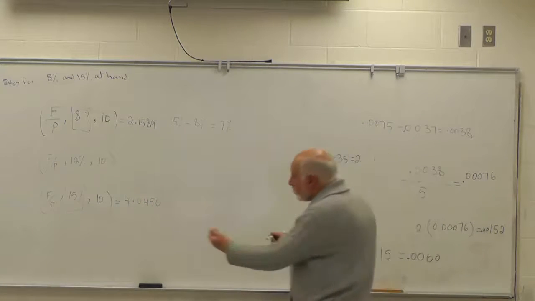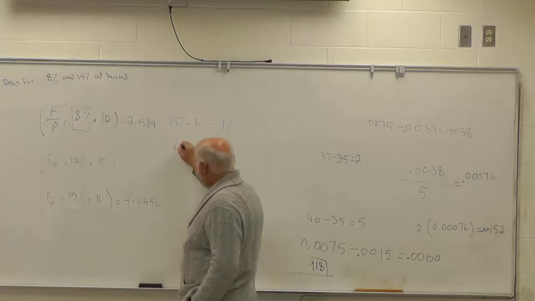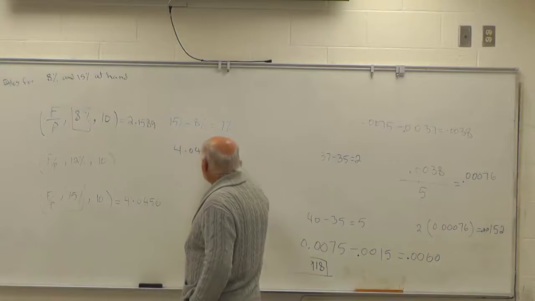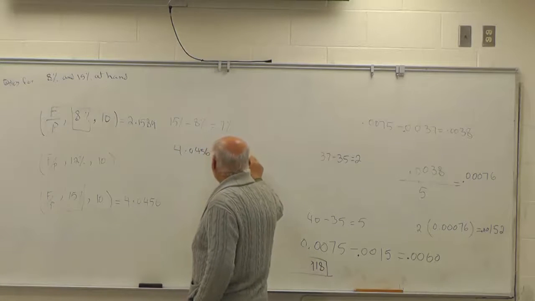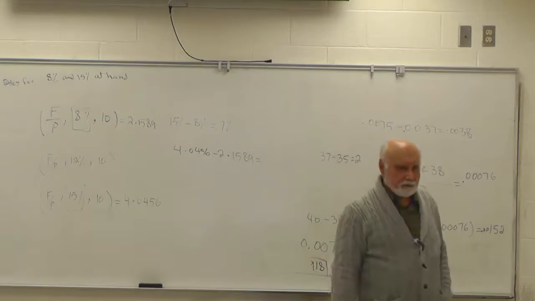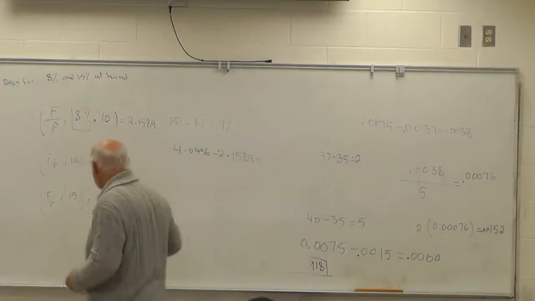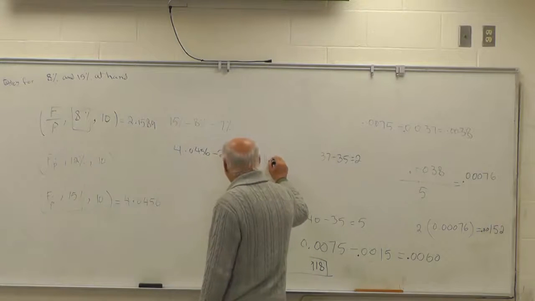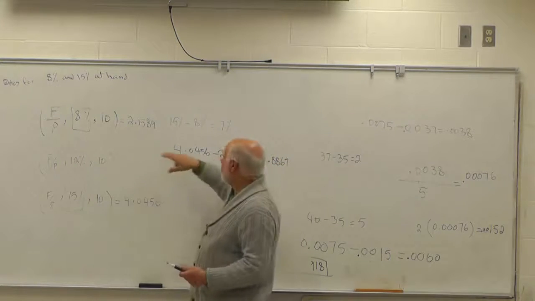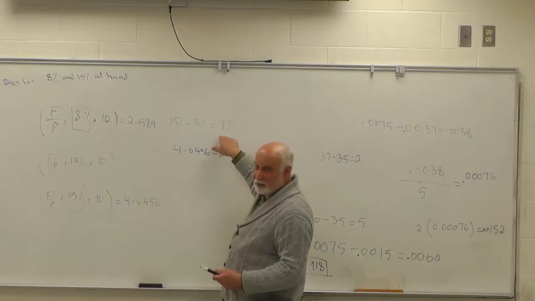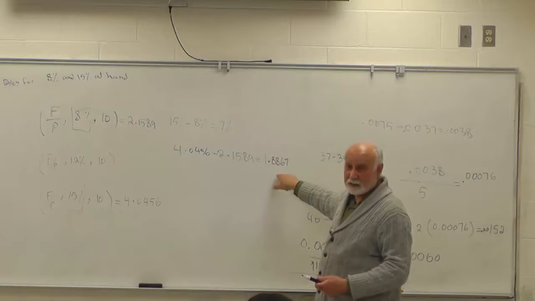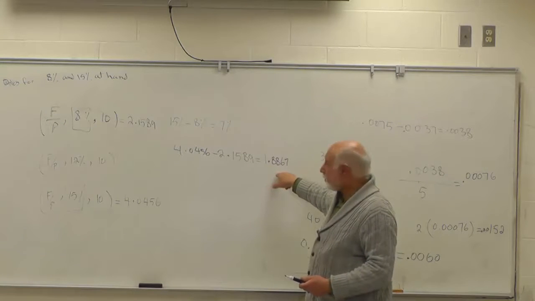So you subtract those two numbers from each other: 4.0456 minus 2.1589 is going to be 1.8867. For a 7% difference, I have this much difference in the factor.